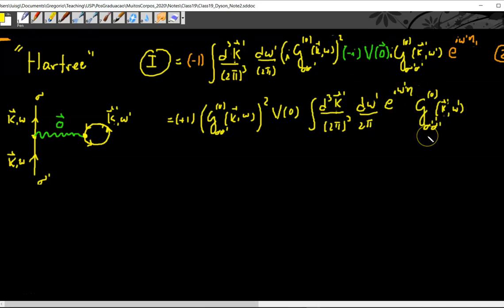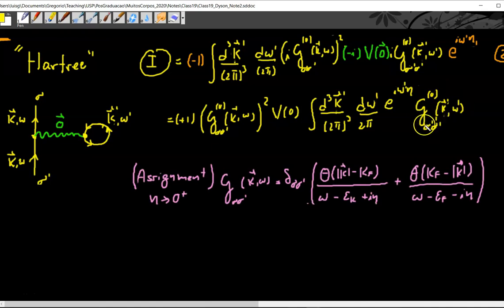The first thing I need to do is to figure out what is the expression for the free propagator, and the expression for the free propagator will be in the assignment, and it will have this form. There will be a delta function in spins here, and for the electron gas, it will have 0 temperature.